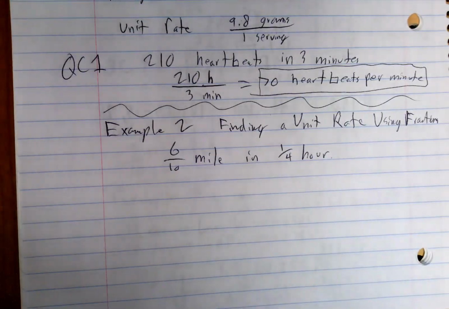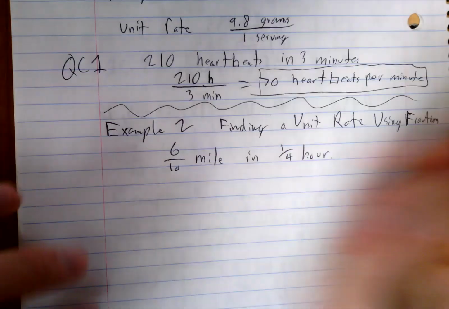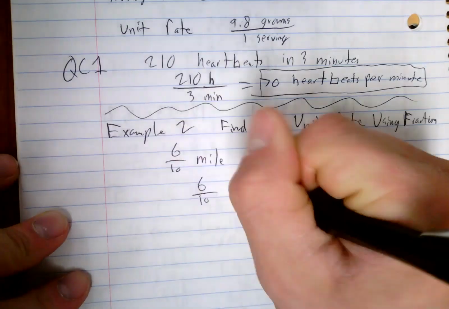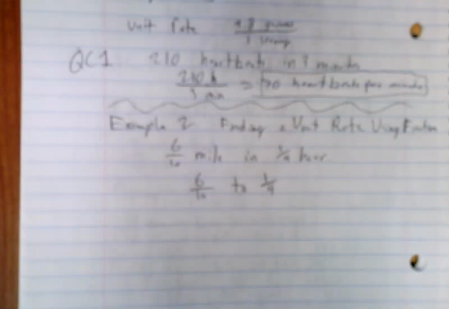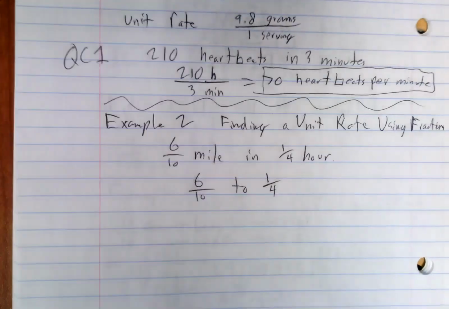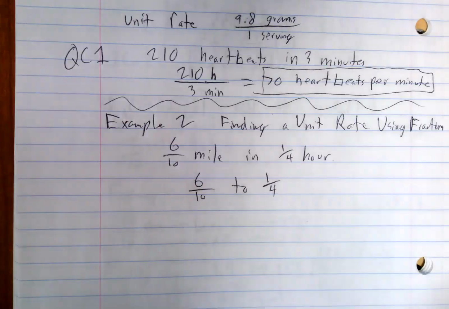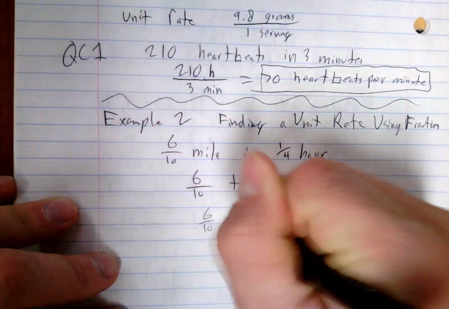So what we're going to do is write a ratio, 6/10 to 1/4. And then we're going to divide those numbers. So 6/10 divided by 1/4.